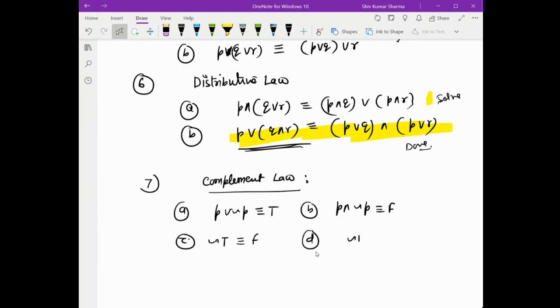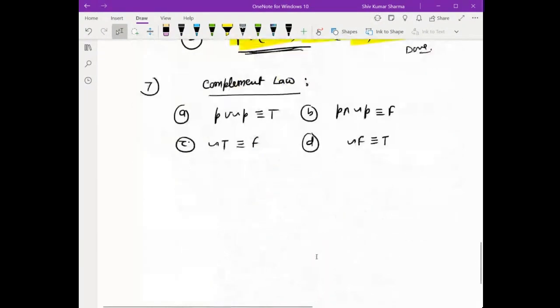D, negation of false value is always equivalent to true value. So this is the complement law. You can prove it by truth table.